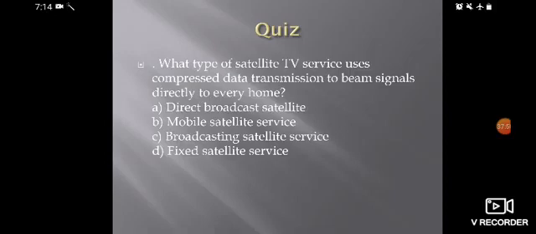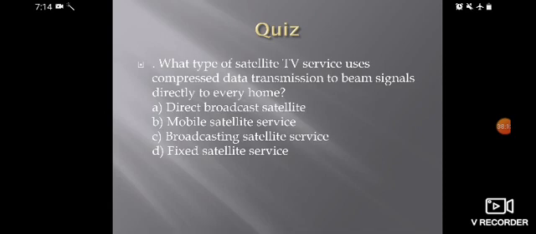What type of satellite TV service uses compressed data transmission to beam signals directly to every home? The first option is direct broadcast satellite, the second is mobile satellite service, the third is broadcasting satellite service, and the last is fixed satellite service.